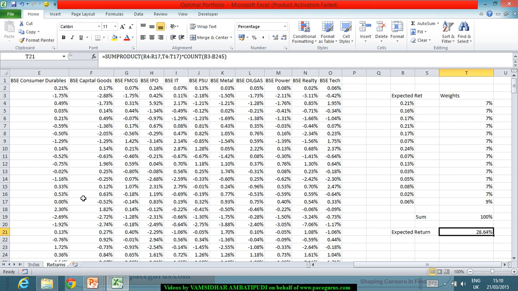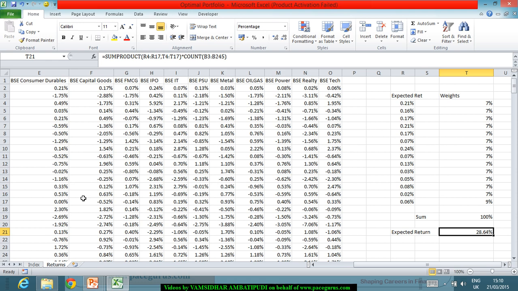Now I have to look at the risk side as well. I have to compute the variance of this portfolio in case I have invested in this proportion. This is the expected return that I am getting, but I am also looking at what the risk is.